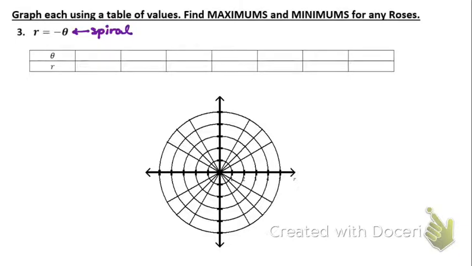What's the period on a spiral? No period. So we just need to continue substituting in values for theta until we get output values that are too big to fit on the graph. What's the largest r value we have on our graph? 5. So 5 or -5, that's as far as I can take it.